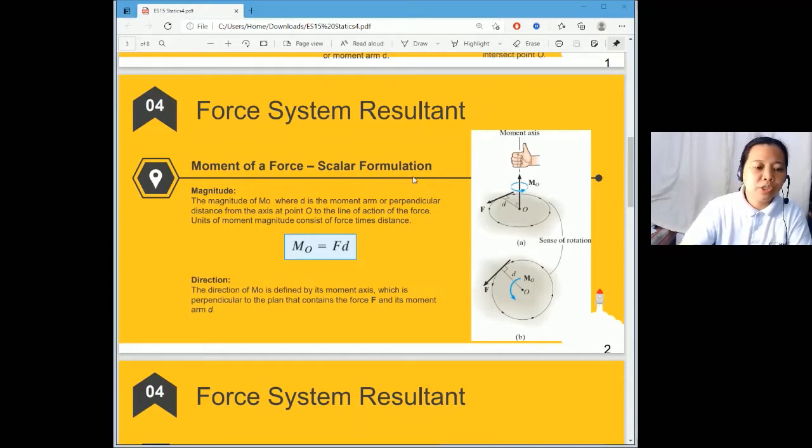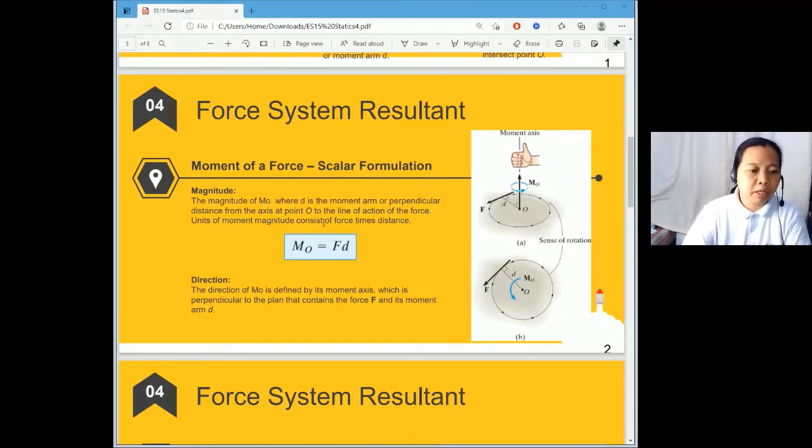The magnitude of MO has the formula MO is equal to F times D, where D is the moment arm or perpendicular distance from the axis at point O to the line of action of F. So in our previous example with the ball pen and highlighter, our D is the distance from point O to our application of load. In this case, we have 5 centimeters.